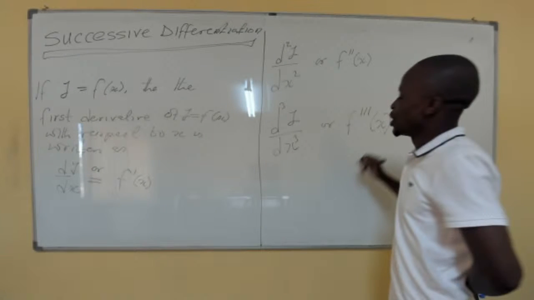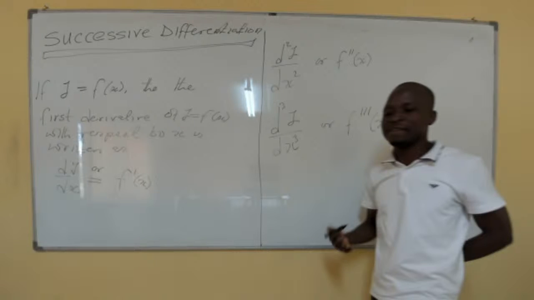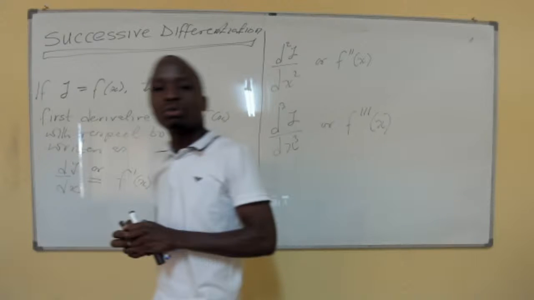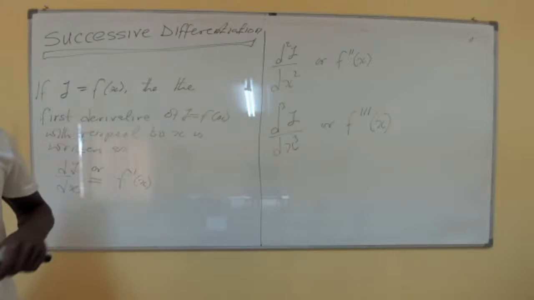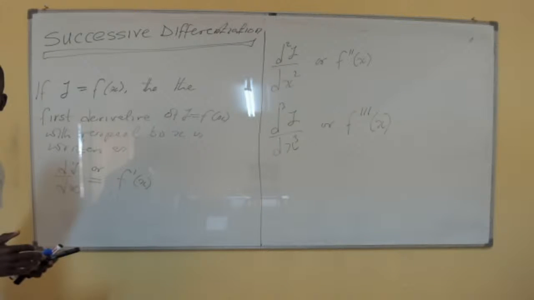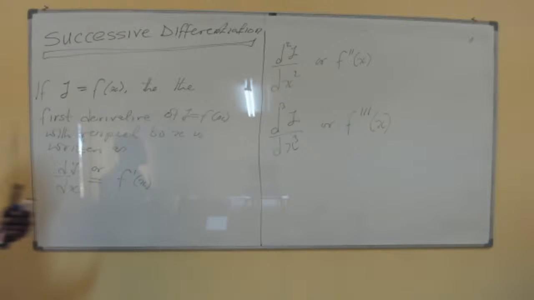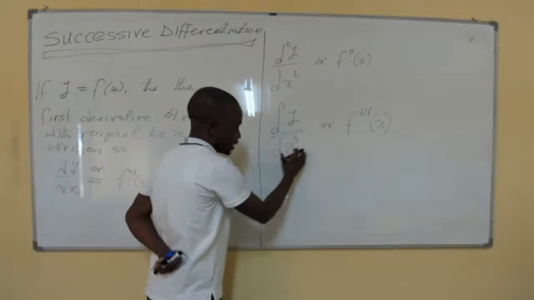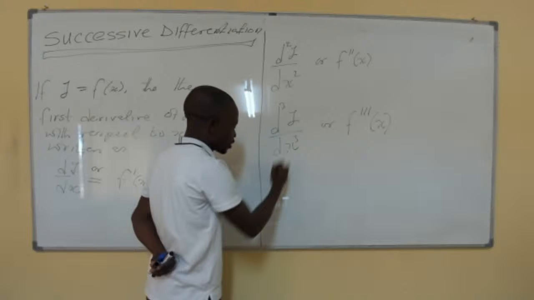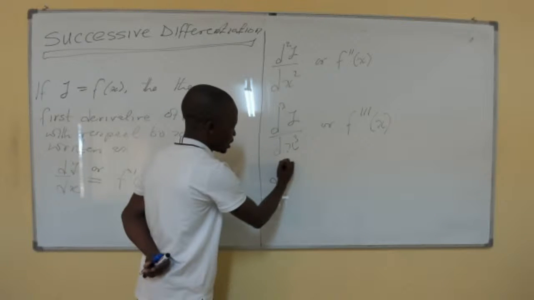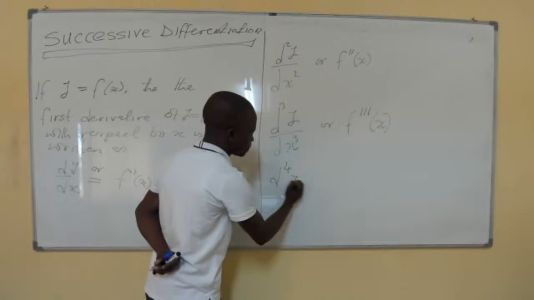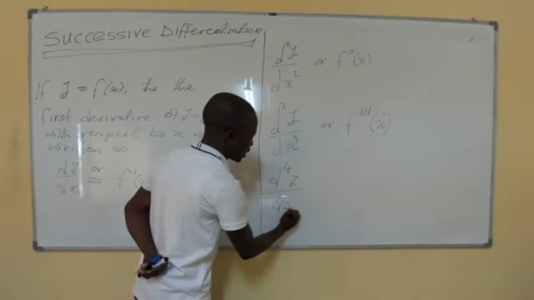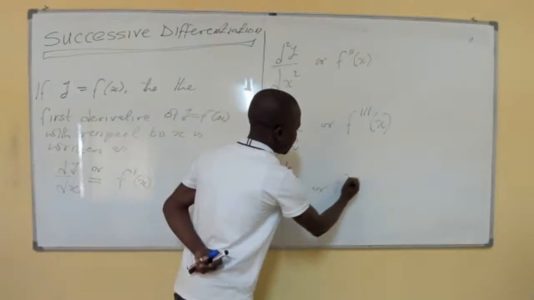That means you are differentiating the given function 3 times. You differentiate for the first time, then for the second time. If I differentiate again, what you get is d to the power 4 of y over dx to the power 4, or f with 4.